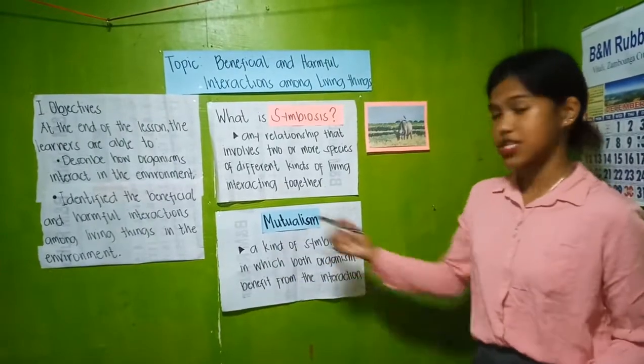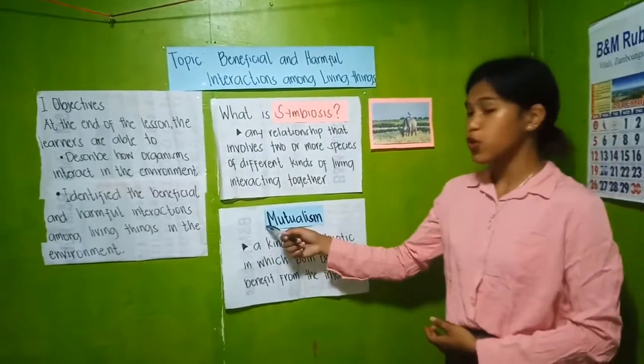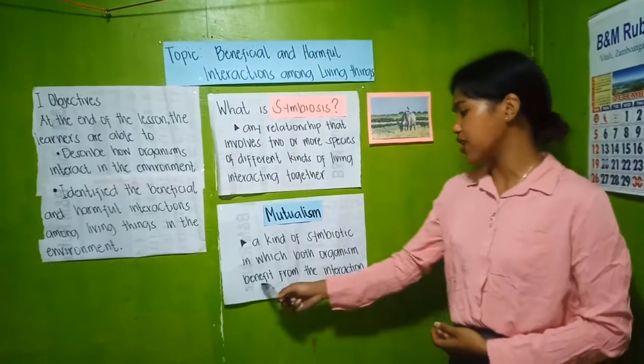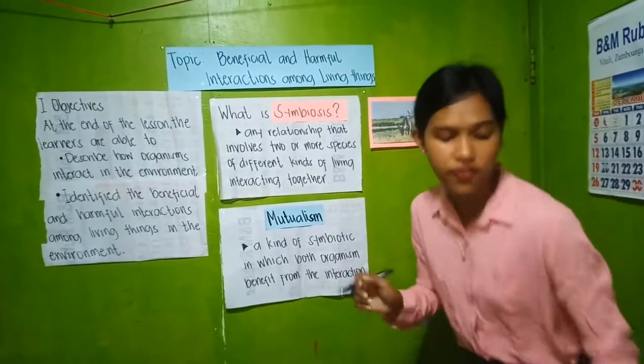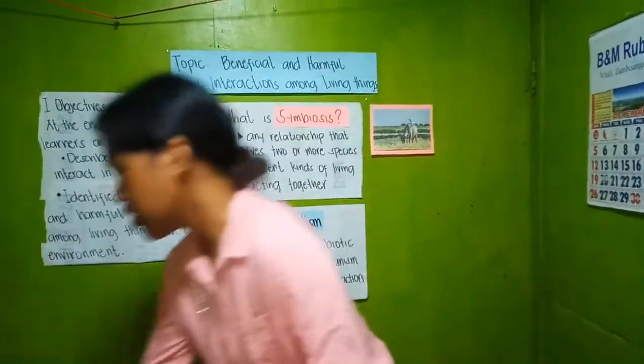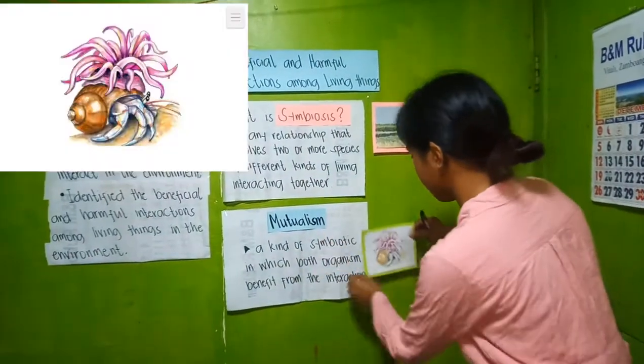Everybody read mutualism. A kind of symbiotic interaction in which both organisms benefit from the interaction. I have here an illustration for you to understand it more. An example of mutualism is this.